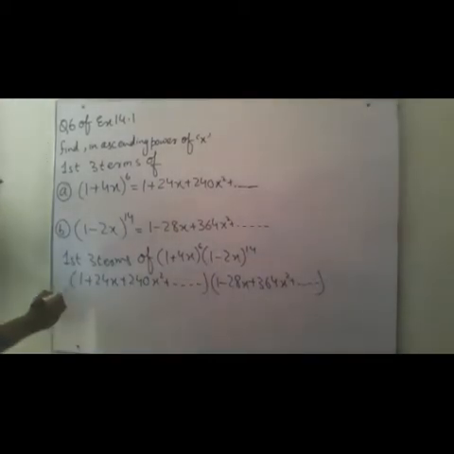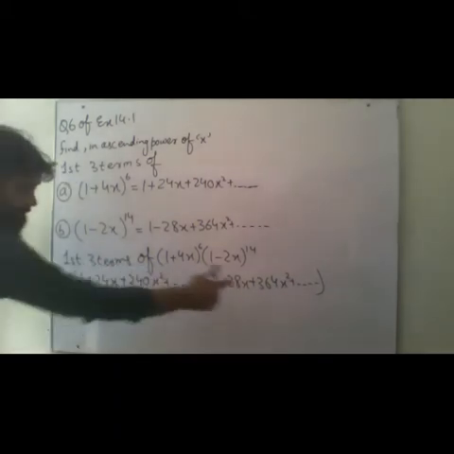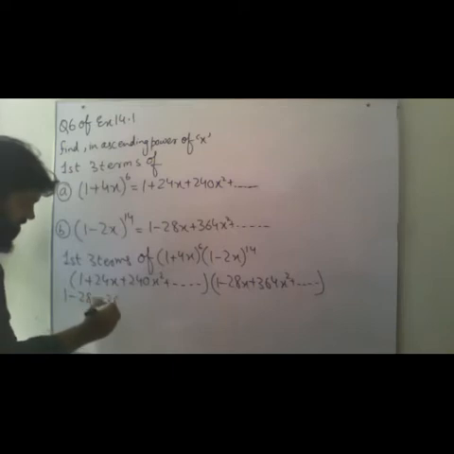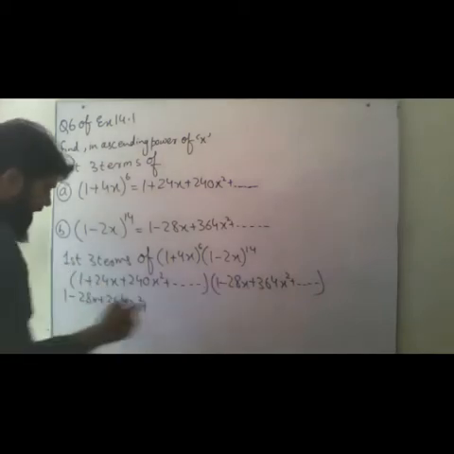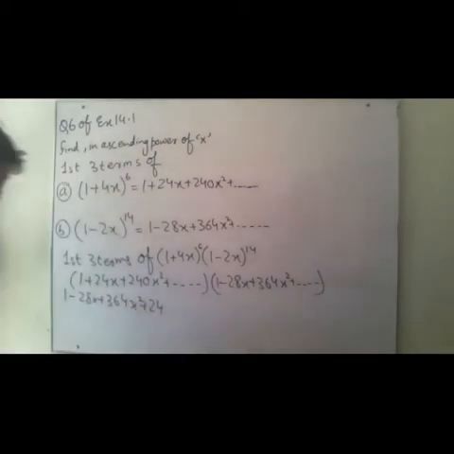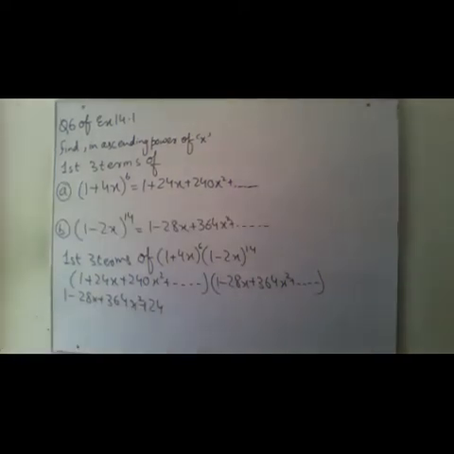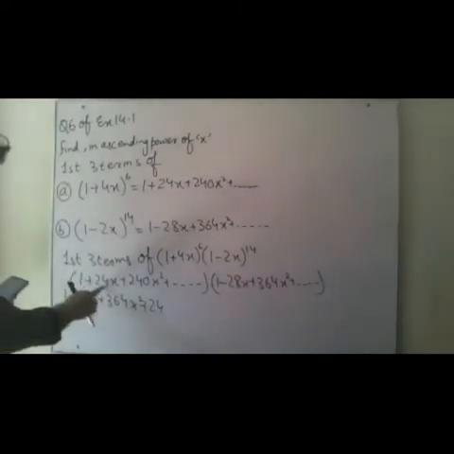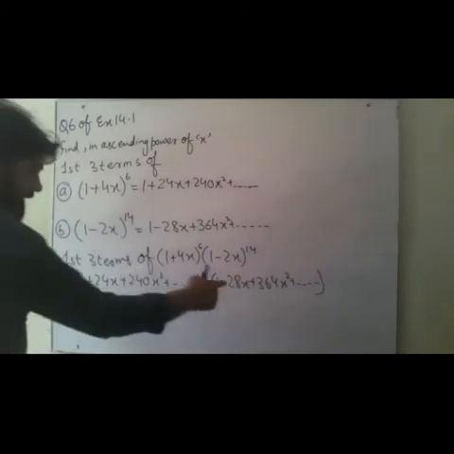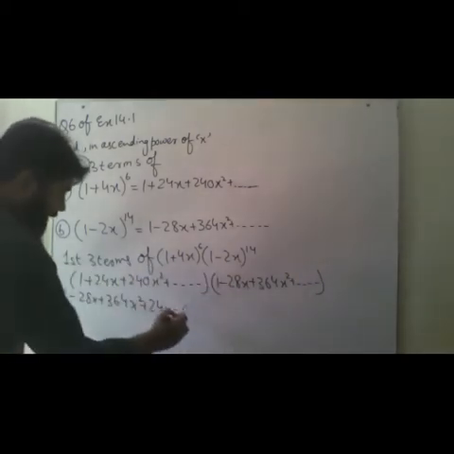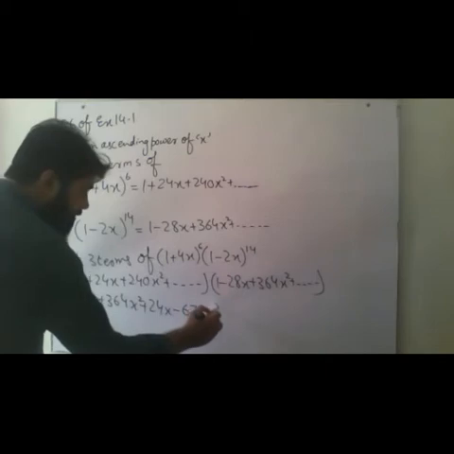1 with 1, 1 with minus 28x, 1 with 364x square. Then 24x multiplied by 1 will be 24x. 24x multiplied by minus 28x will be minus 672x square.